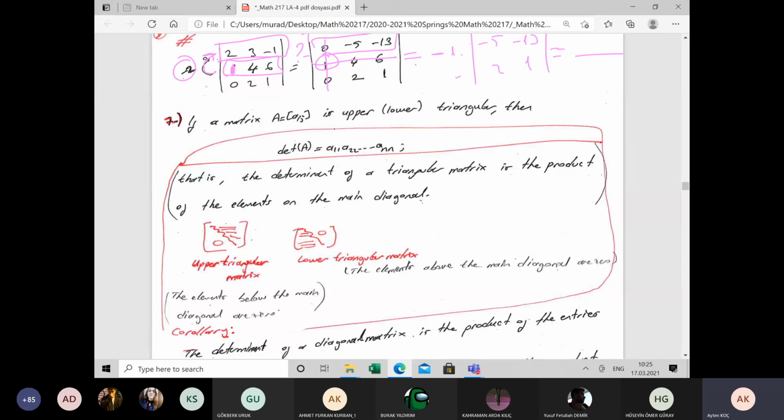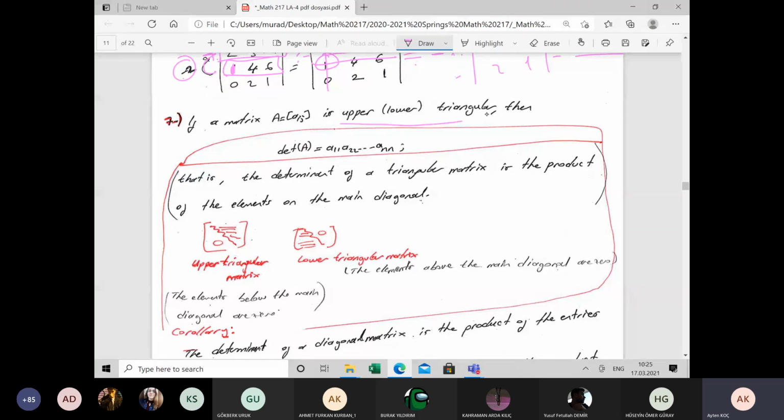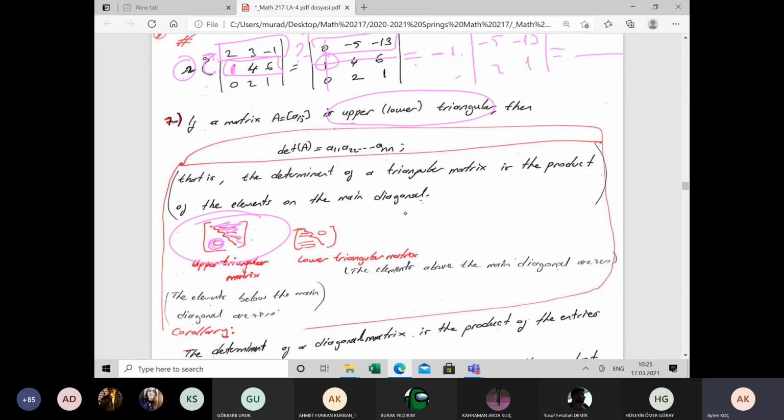Take an upper triangular matrix in this form. It's okay? This part is 0 only. So what is the determinant? We claim that the determinant of A is A sub 1,1 times A sub 2,2 up to A sub N,N, the main diagonal. This part is 0. We claim that the determinant is equal to the product of the main diagonal entries, A sub 1,1, 2,2, and N,N.